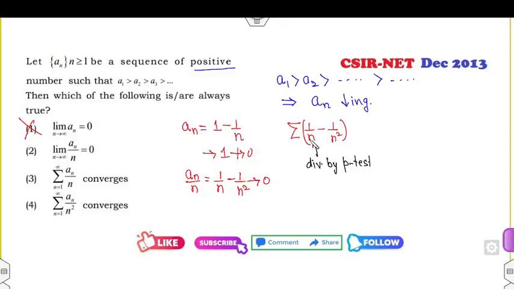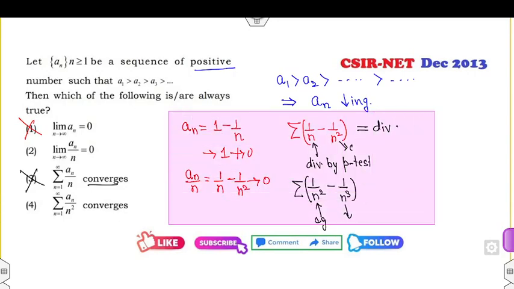So once one is divergent and the other is convergent, the overall series is divergent. But it said convergent. Look at the last option. It's 1 over n square, 1 over n cube. So this is convergent, this is convergent, but we can never check the option based on this one.